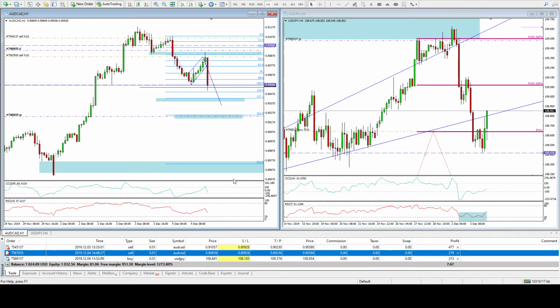Okay, what do we have? In profit on both trades, 147 pips, the other one 27 pips, and another one for 21 pips. 50, 60, 70, 80 pips, 100 pips in profit so far.